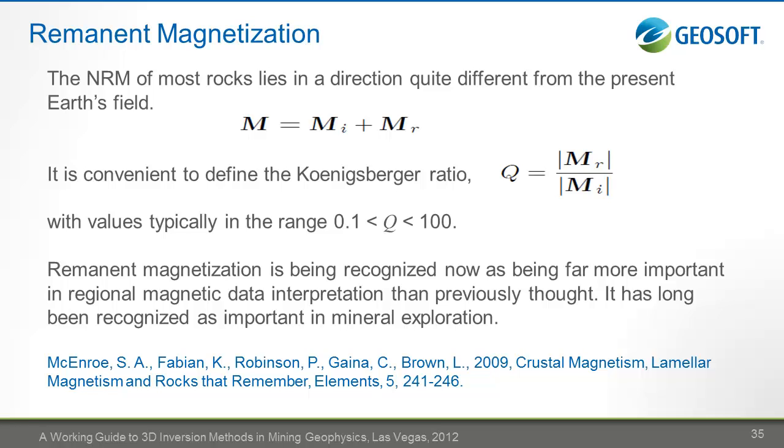That's the ratio of the remanent magnetization to the induced magnetization, and this typically varies from a very small value up to 100. As I mentioned earlier, remanent magnetization is now being recognized as far more important in regional data than we previously thought. A good paper on this is Suzanne McEnroe's paper on crustal magnetization and laminar magnetization in the journal Elements.